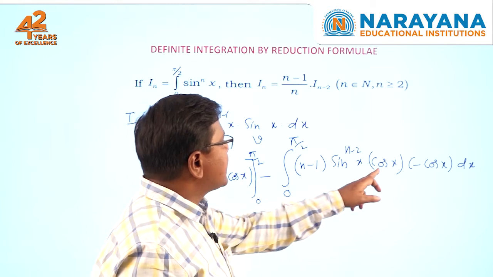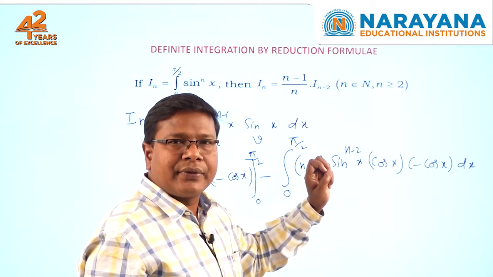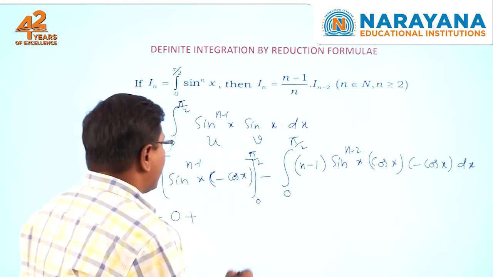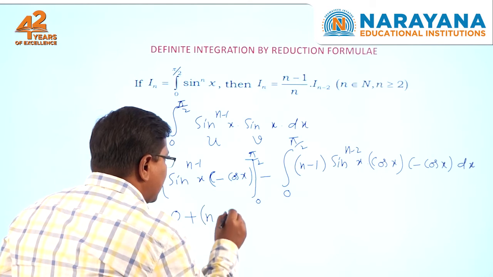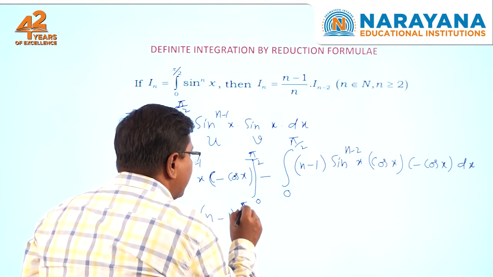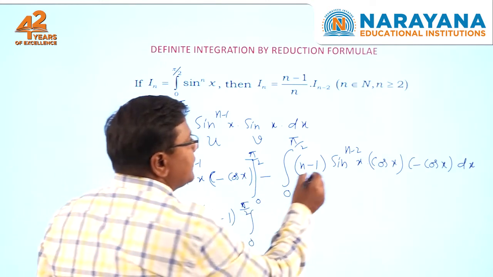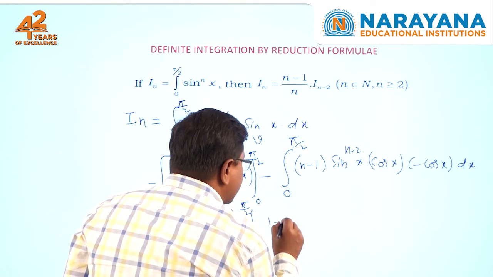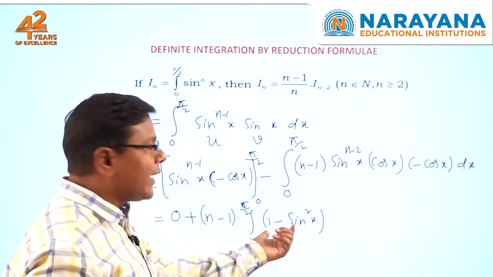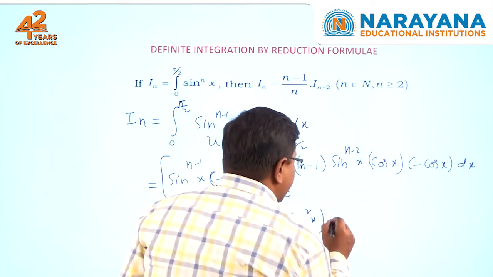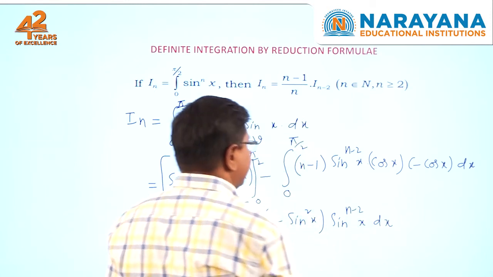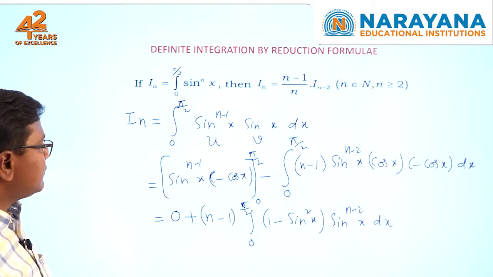Minus of minus gives plus, and we have sin power n minus 2 x into cos square x. Cos square x you can write as 1 minus sin square x. Therefore, n minus 1 is a constant, take it out, and the integral from 0 to pi by 2 of 1 minus sin square x into sin power n minus 2 x dx.